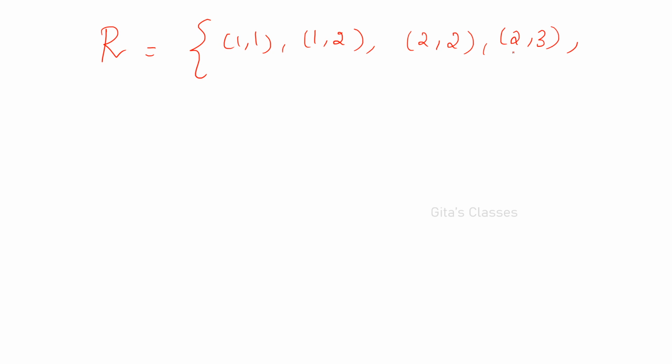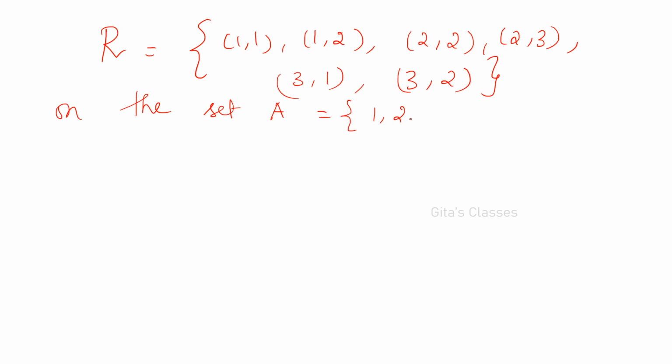Now let us see one more example. Consider the relation R = {(1,1), (1,2), (2,2), (2,3), (3,1), (3,2)} on the set A = {1, 2, 3}.